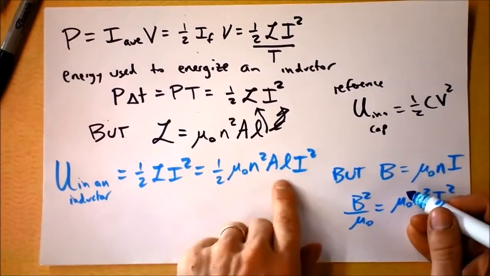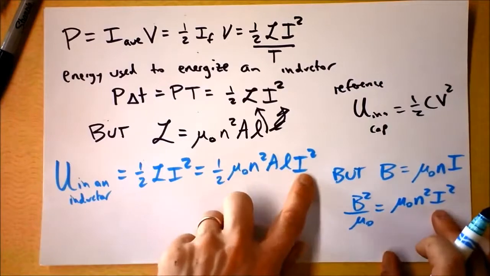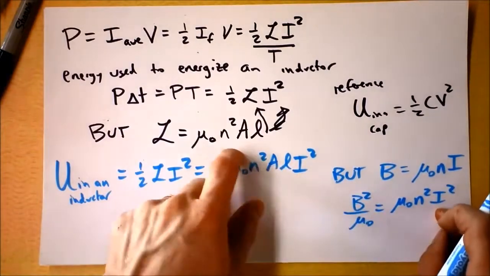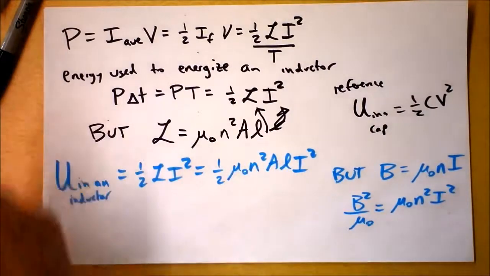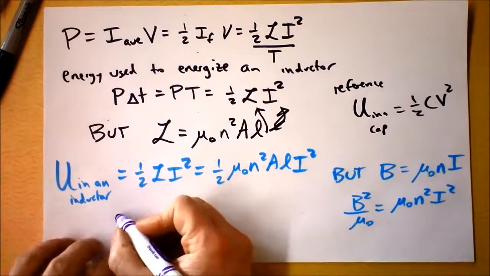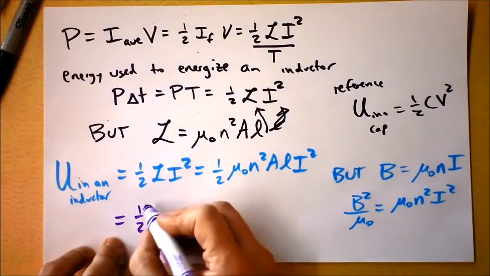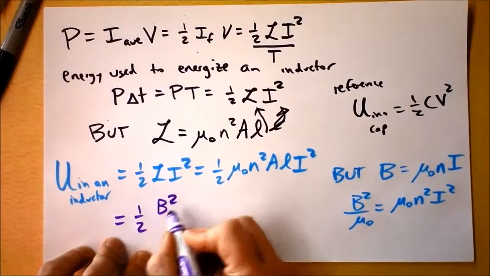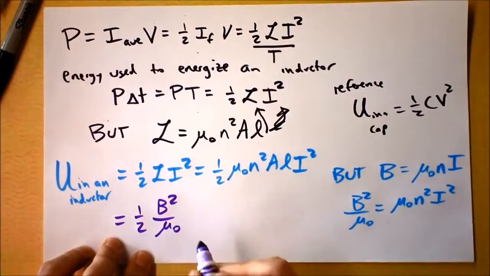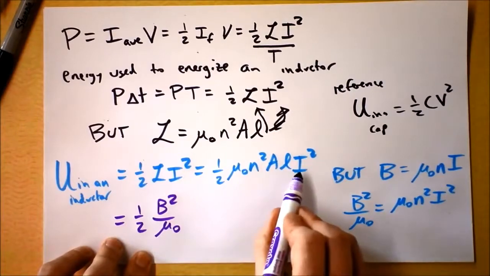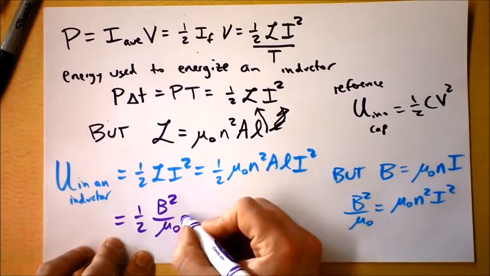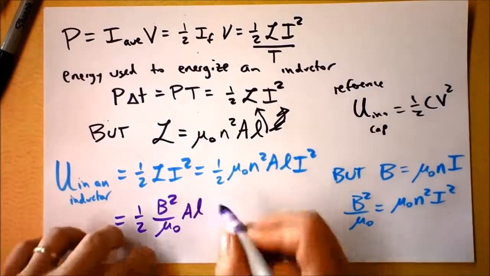You see that in there? So I'm going to put B squared over mu naught to replace that. And here we go. I'm going to get 1/2 B squared over mu naught, and what do I have left? The I squared's gone, the n squared's gone, and I've got A and L.